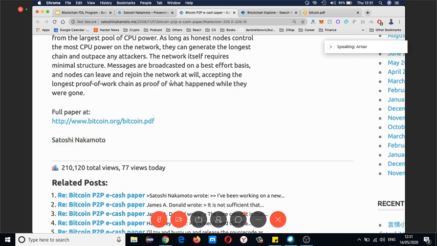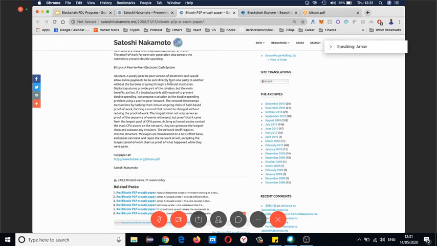Back then, it was just an open source project. That's how it started off, and no one was like, okay, this is Bitcoin, this is so revolutionary. Many people in the cryptographers mailing list actually doubted Bitcoin's technical architecture and so on and so forth. So yeah, that's how it started.